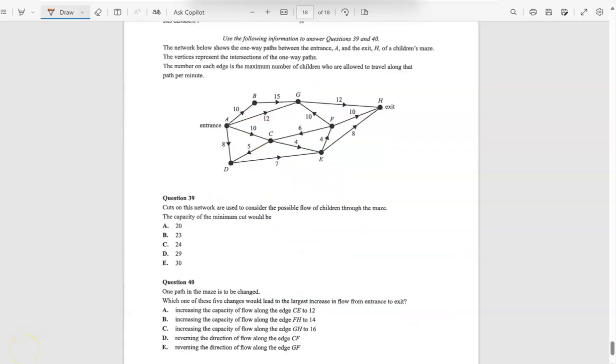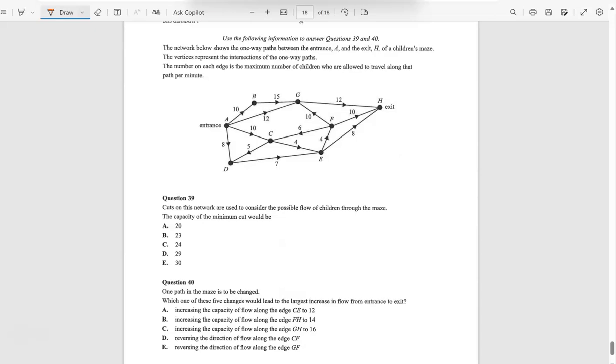Okay, so when we have a network below that shows the one-way paths between the entrance A and exit H of a children's maze. The vertices represent intersections of one-way paths, and the number on each edge is the maximum number of children who are allowed to travel along that path per minute. So cuts on this network are considered possible for the flow of children through the maze.